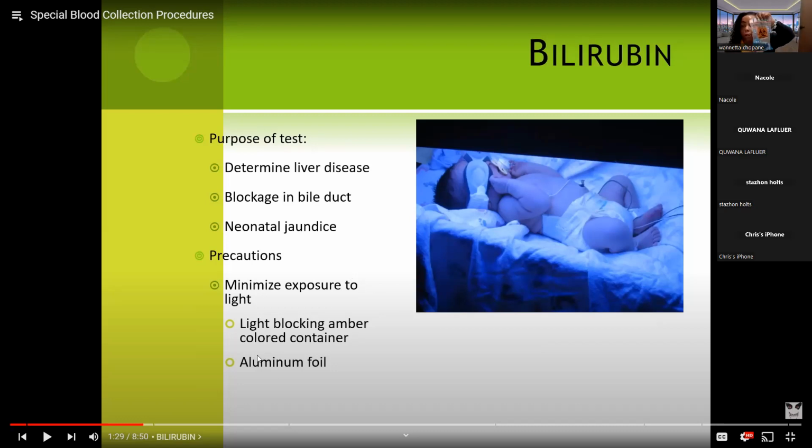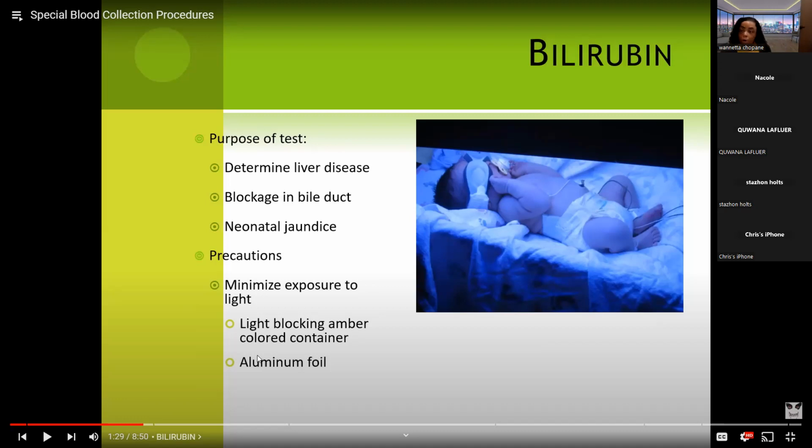Our regular lab bags are clear, and that's what we put our labs in. But if we need to draw a bilirubin, the bag will be an amber clear, not orange like this, but kind of a pink red color. That is a type of tint that protects the blood specimen from light.